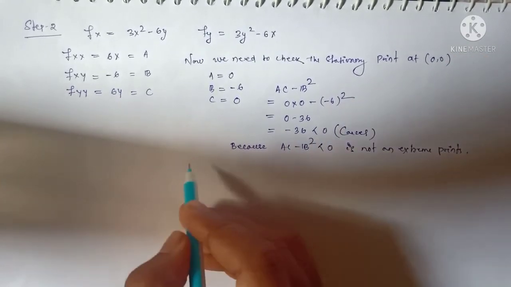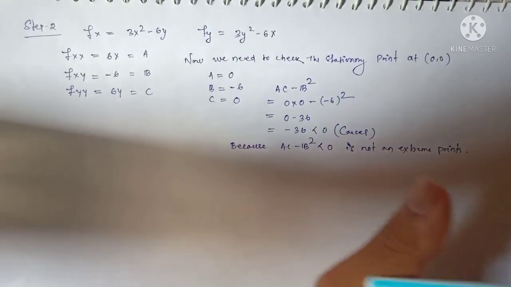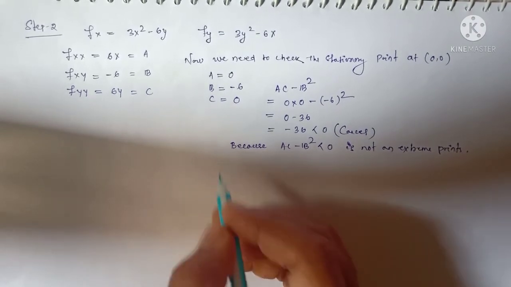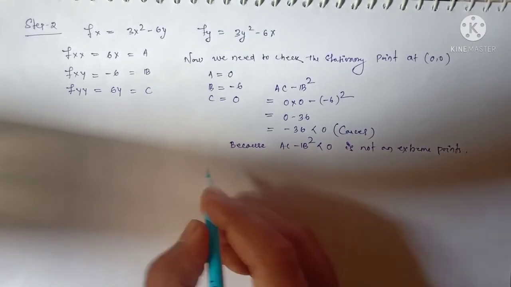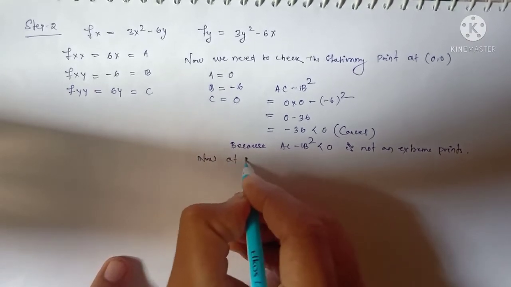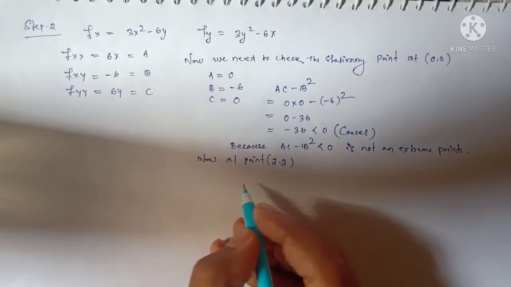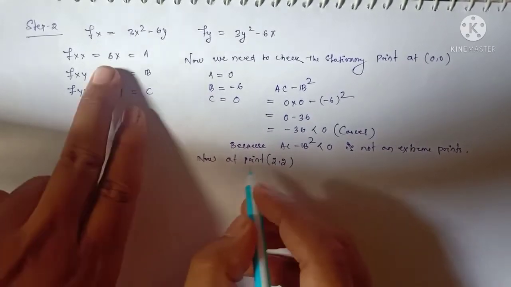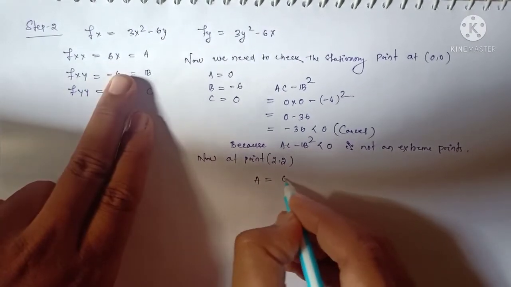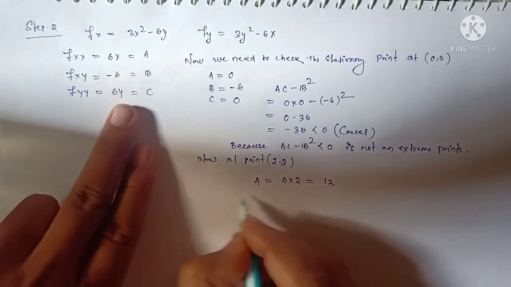So student, by using the point 0, 0, we will not get any extreme points. Now we will check the stationary point 2, 2, right? As we have got another point, that is 2 and 2. So at point 2, 2, A is equal to what? 6 into 2, that is 12.